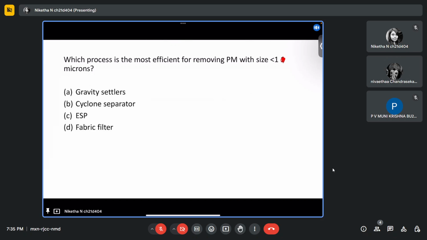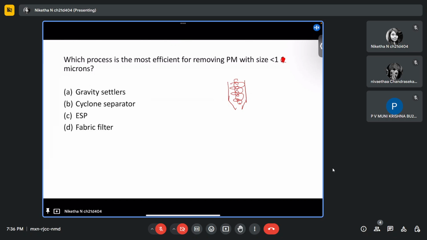Like how we discussed in a cyclone separator, if you have small size particles, there are chances that they will tend to move up along with the air. Because here the condition is that the centrifugal force and gravitational force both are acting.